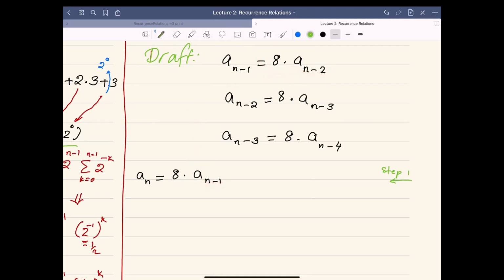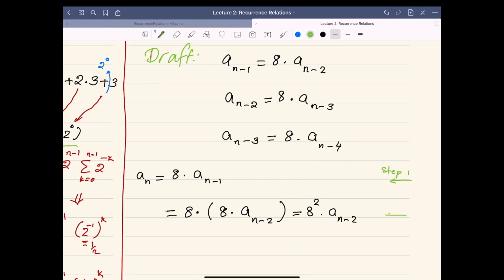So what will you get? You will get 8 multiplied by, now put the equation for an minus 1, which is 8 multiplied by an minus 2. And 8 multiplied by 8 is 8 squared multiplied by an minus 2.